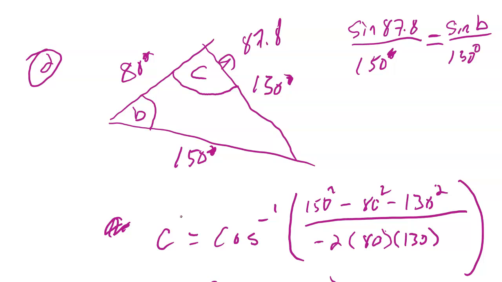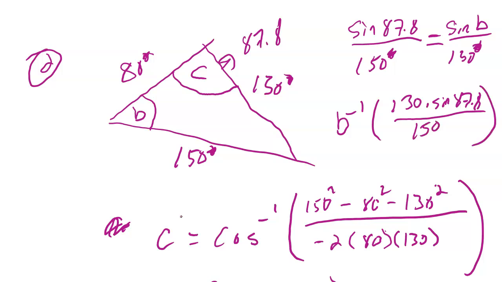I know this could produce 2 possible answers, but you'll see that you can eliminate one of the answers, hopefully. So solving for sine of B, I guess we'll get 130 times sine of 87.8 all over 150. So let's do this. Oops, the sine inverse. So B is equal to sine inverse.